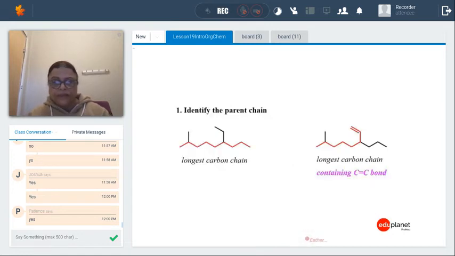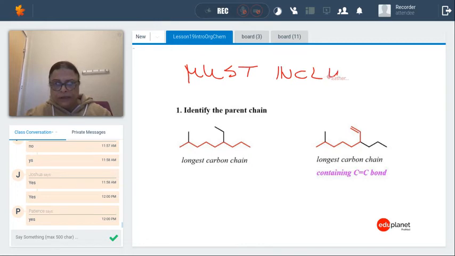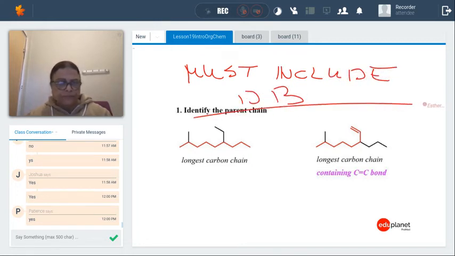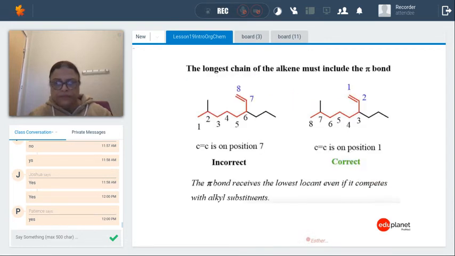All right. Always look at the longest chain. If you see that there is a double bond in the molecule, the longest chain must include the double bond, as you see here. All right, perfect.